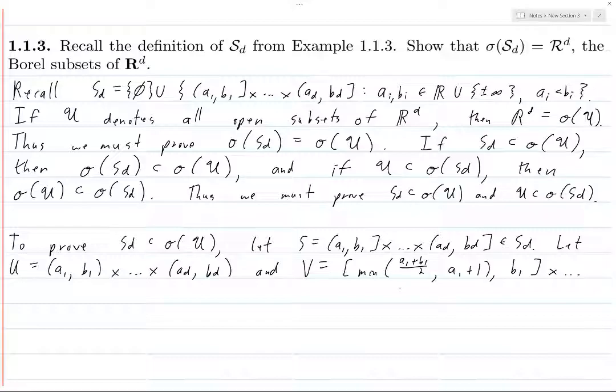So let's see, if B1 equals positive infinity, then this midpoint is going to be infinity. Well, actually, if B1 is positive infinity and A1 is not negative infinity, then this midpoint is going to end up being positive infinity by the way that this fraction is written.